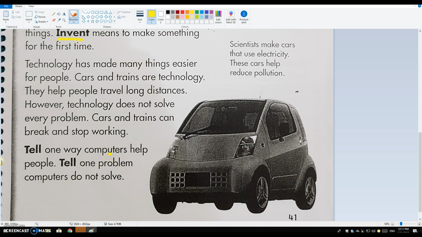Well, I can give an example. So one way computers help people is learning. Right now, I'm using a computer to record a video to help people learn all about science. But one problem that my computer does not help me with is when I'm hungry. If I'm hungry, my computer can't make me food.